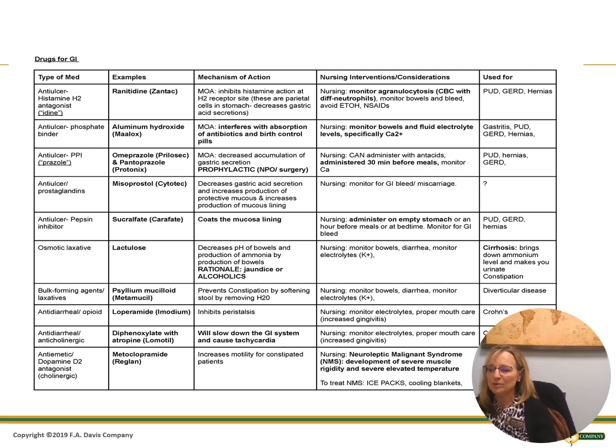It does increase motility for constipated patients, but we do not like to use it because it can cause extrapyramidal symptoms, EPS. And when patients get that, it is permanent. So look up EPS, know what it is, and remember that on Reglan you can get this. You can also get neuroleptic malignant syndrome, which is life-threatening.